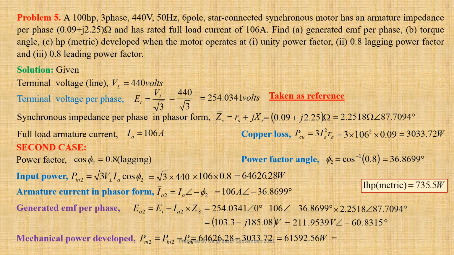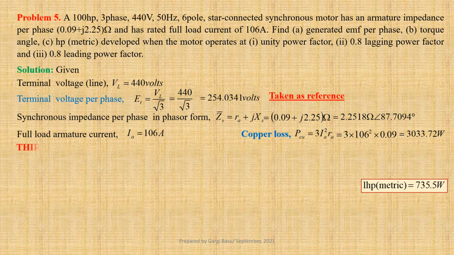That is equal to 61,592.56 divided by 735.5. That gives us 83.74 HP metric.